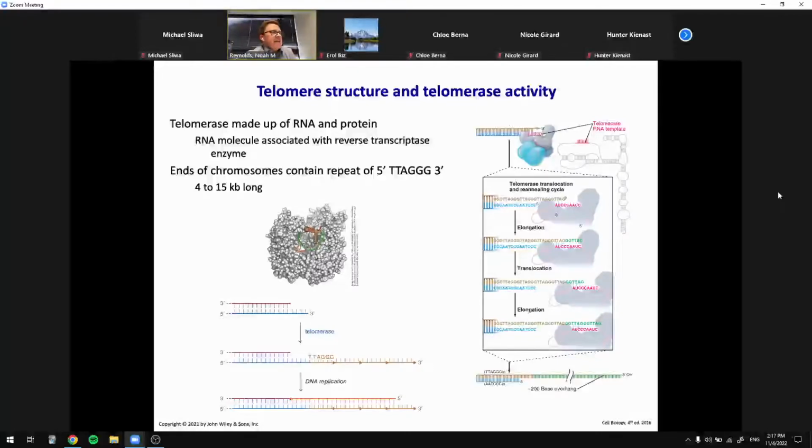So it's extending this 3' end of the DNA with its own template. As it uses its own template and moves along and keeps doing that, we get repetitive sequences, because it's using that same template over and over and over. And so this gives our telomeres a repetitive sequence.